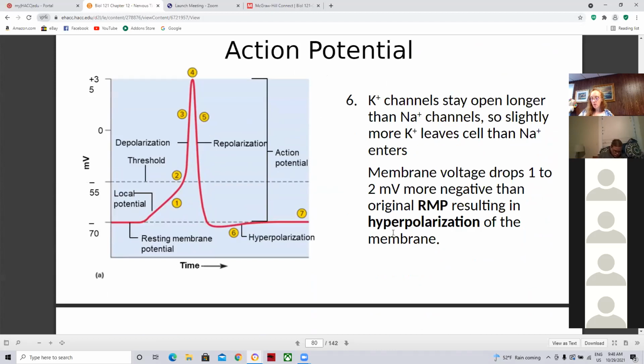Potassium channels are slower to open and slower to close. And so even though all the sodium channels are now closed, the potassium channels are open for a little longer. This results in a hyperpolarization of the membrane, where the membrane is even more negative than the resting membrane potential.